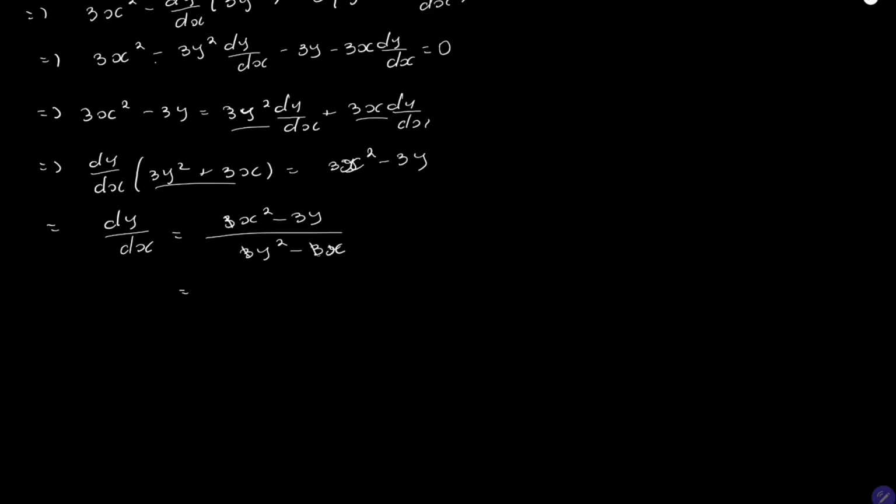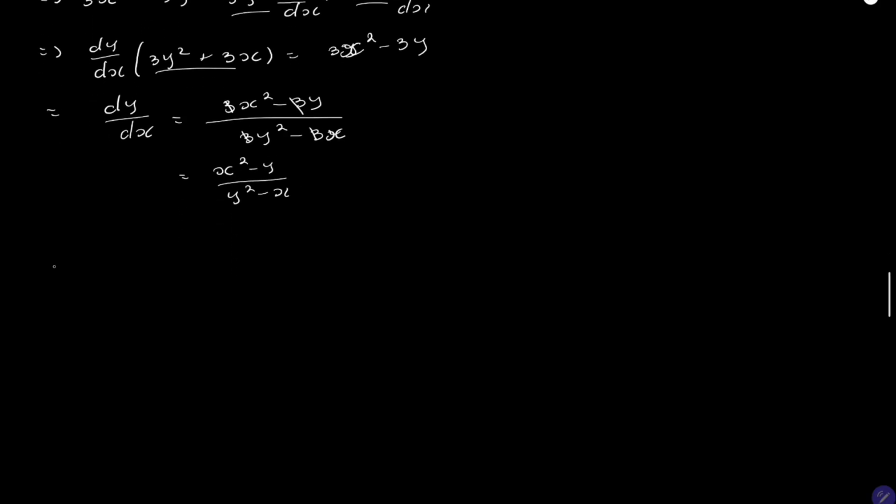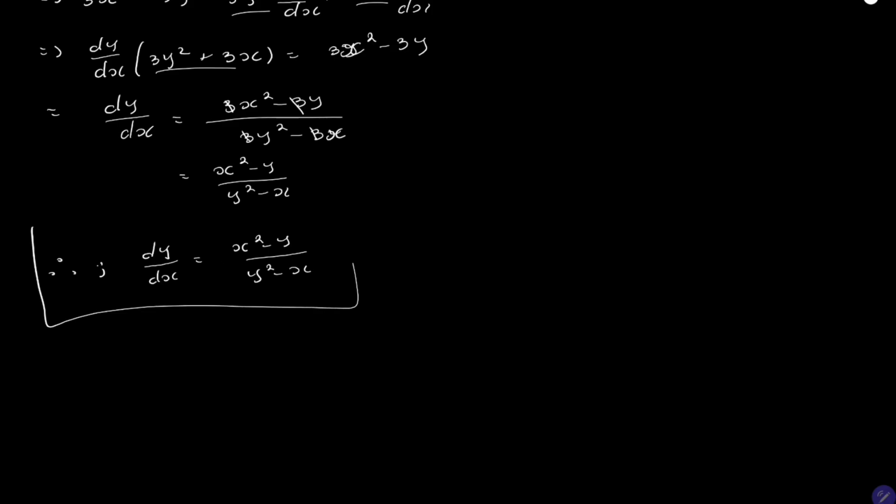Leaving us with x squared minus y on y squared minus x. So what can we then conclude? Our conclusion is the derivative of y with respect to x is equal to x squared minus y on y squared minus x.